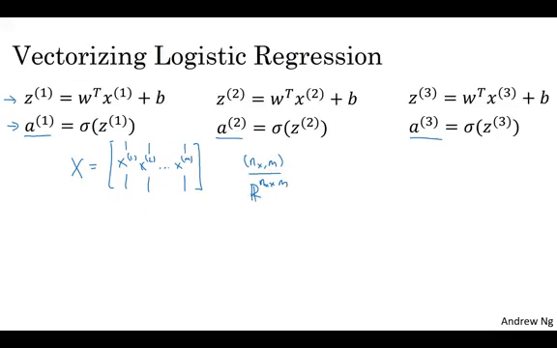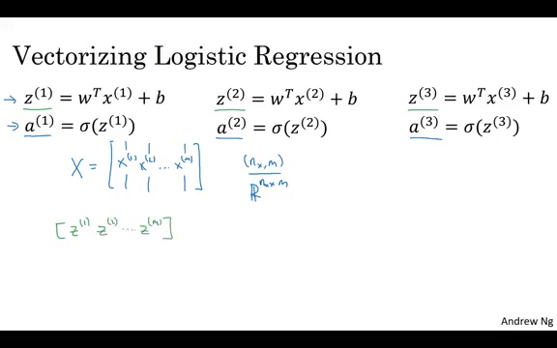Now, the first thing I want to do is show how you can compute z1, z2, z3, and so on, all in one step. In fact, with one line of code. So I'm going to construct a 1 by m matrix.